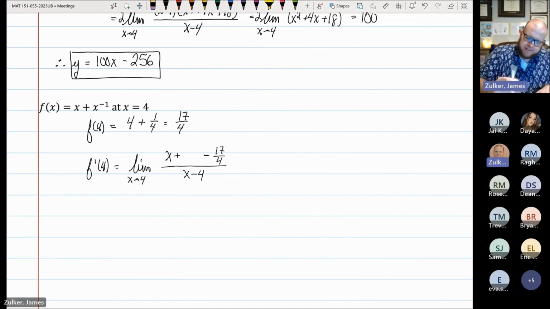Now, we can also rewrite x inverse as 1 over x. Multiply numerator and denominator by 4x.